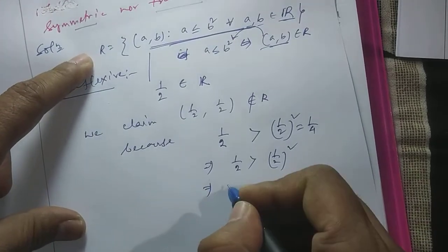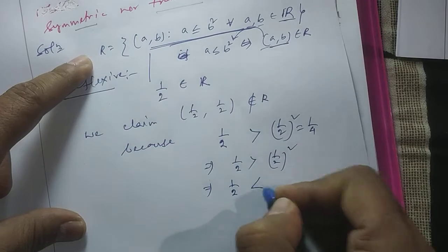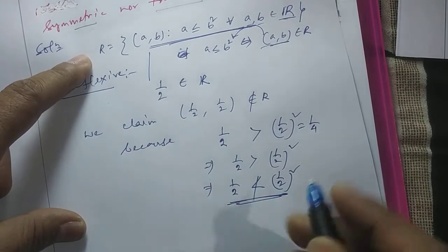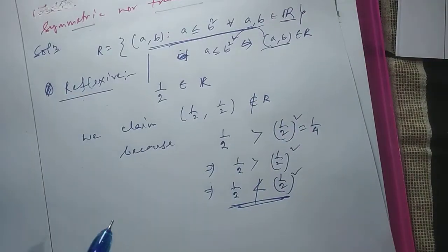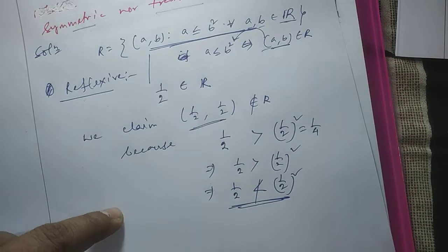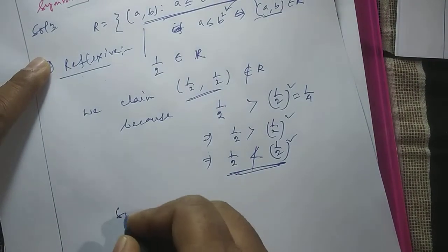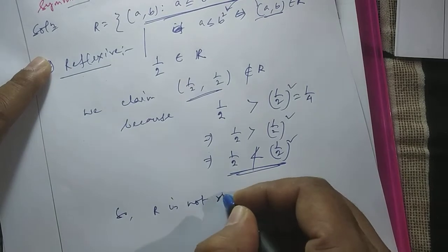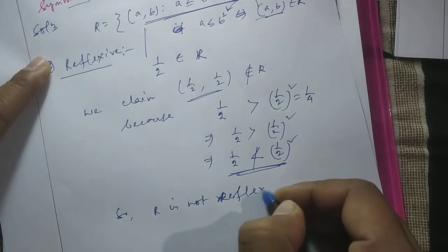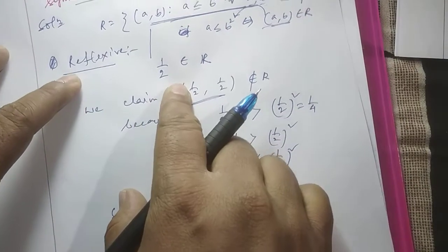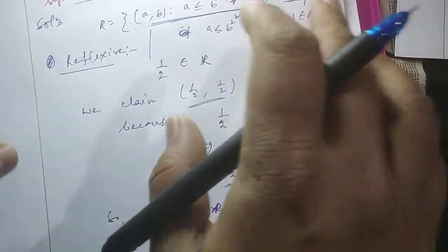So we can say 1/2 is not less than or equal to (1/2)². So it is violating the definition. That means the ordered pair (1/2, 1/2) violates the definition. So we can say R is not reflexive. Understood or not?